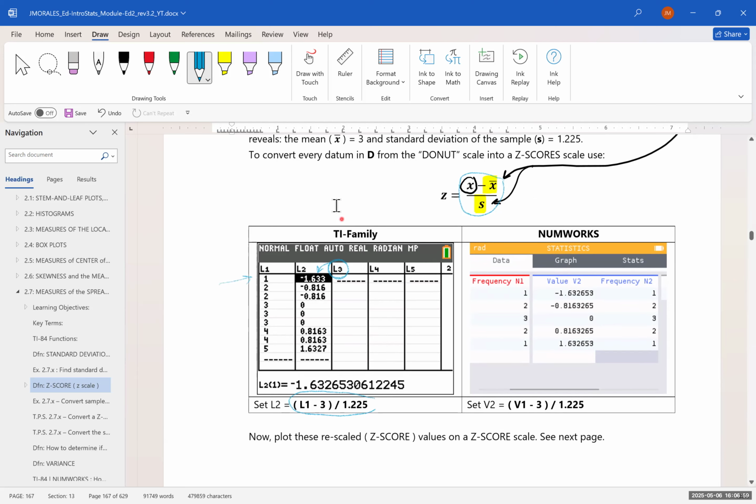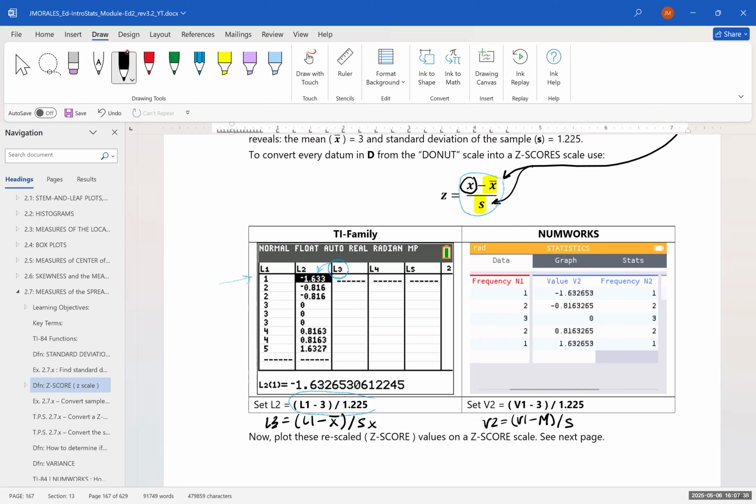But I'm going to use the calculator's variables in this. So right now it's going to be list three equals list one minus X bar, divided by Sx. Over here with the NumWorks calculator, I'm going to go to the V2 column and say that it's going to be V1 minus my mean divided by my standard deviation.